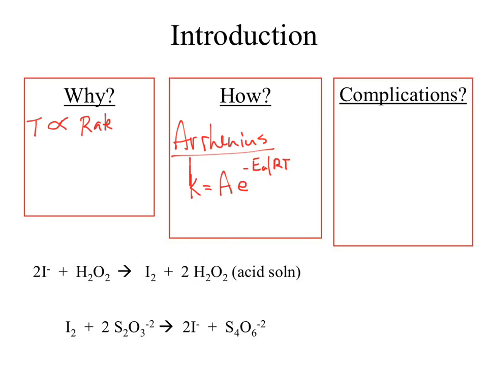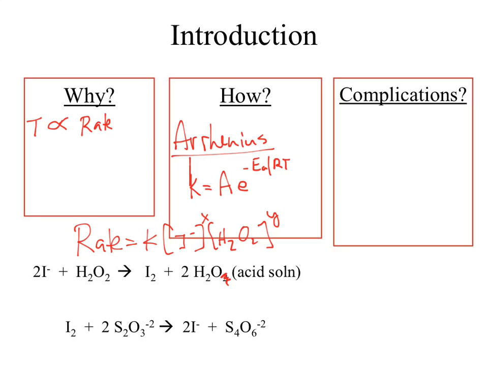K. We know our rate law is rate equals K times our reactants to their respective powers, right? Okay, so we know that our rate is directly proportional to our rate constant. So we can generate some data here. Okay, so we can see how temperature directly impacts our rate by seeing how it affects our rate constant.